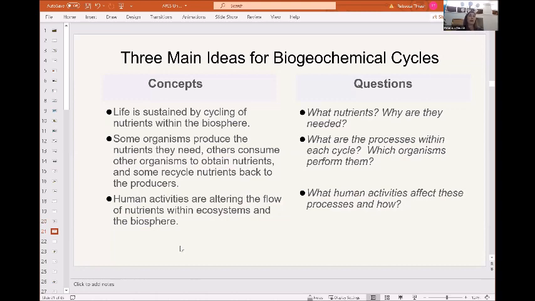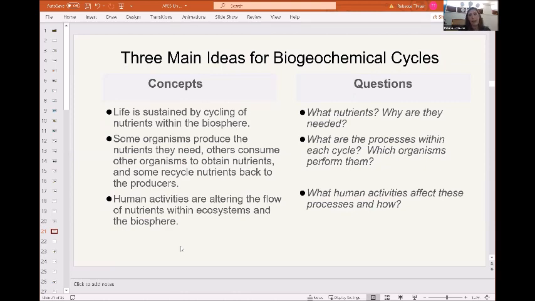So like I was saying, there are 3 things you have to do for these biogeochemical cycles. Number 1, you have to know what nutrients are needed and why. So why do we need phosphorus? Why do we need nitrogen? You also need to know what the processes within each of the cycles are and what organisms perform them. So what organisms are responsible for fixing carbon? What decomposes nitrates?